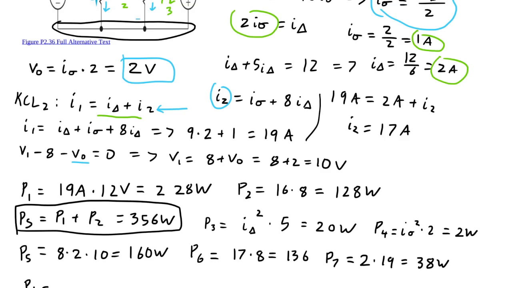Sorry about that. Let's do the math again. So 20 plus 2 plus 160 plus 136 plus 38 equals 356. So power supplied equals power dissipated, and we did everything correctly.